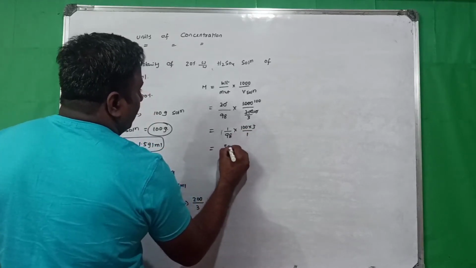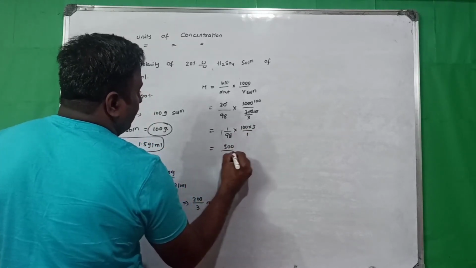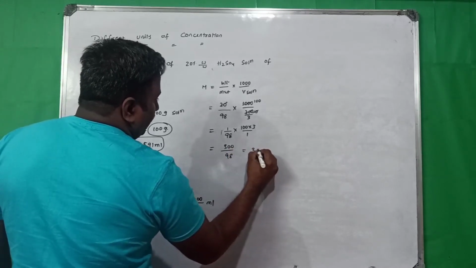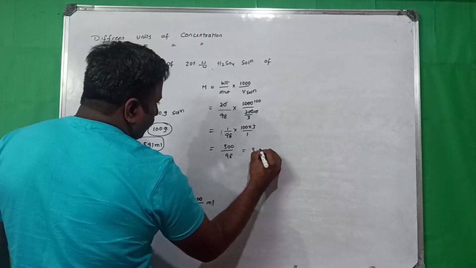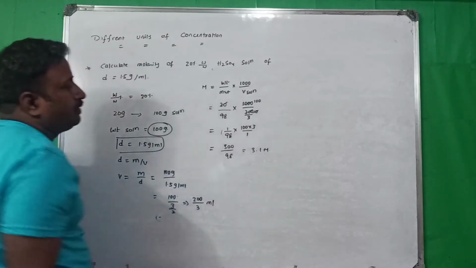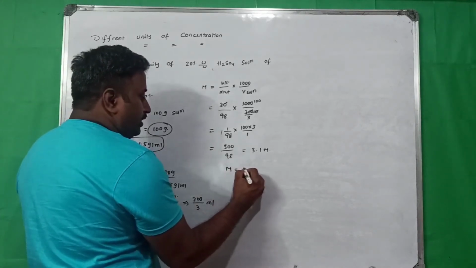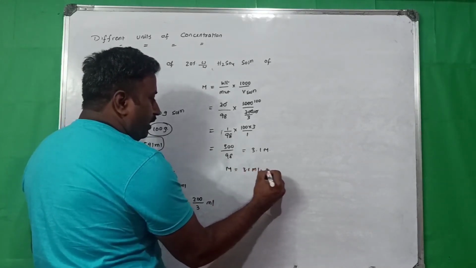It is nothing but 300 by 98. We will get approximately 3.1 molar. This is nothing but molarity is equal to 3.1 mole per liter.